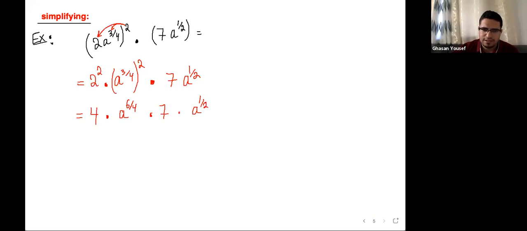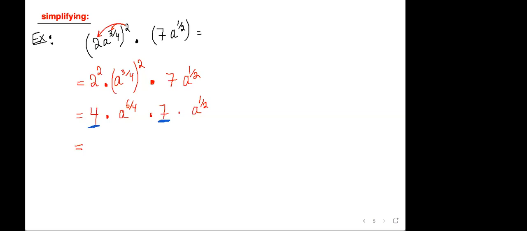I can simplify here. 6 over 4 is 3 over 2. And I have to multiply, like I said last time, multiplying the numbers together. 4 times 7 gives me 28. And the bases are the same for the a, so you just add the exponents. You have to make sure the denominators are the same.